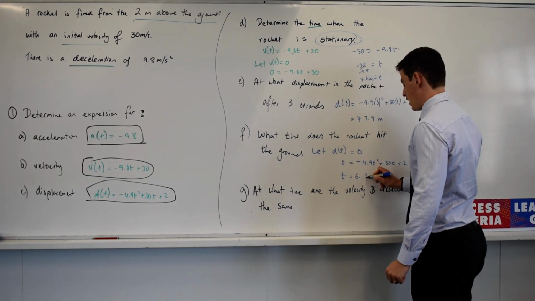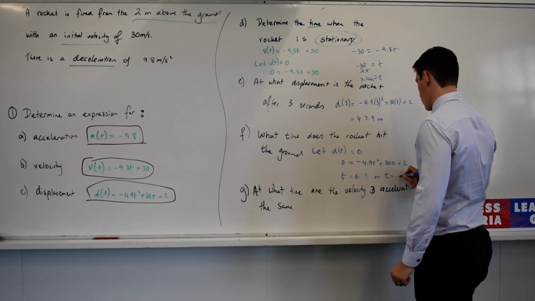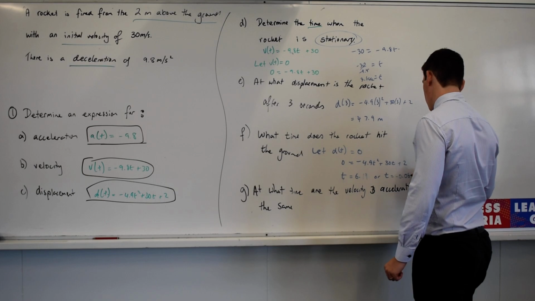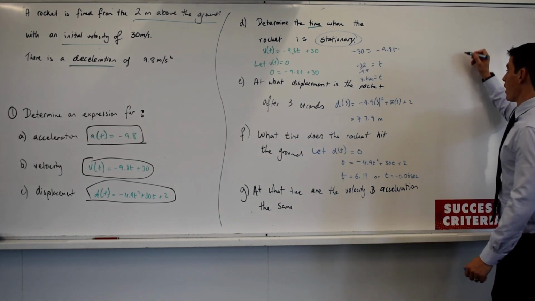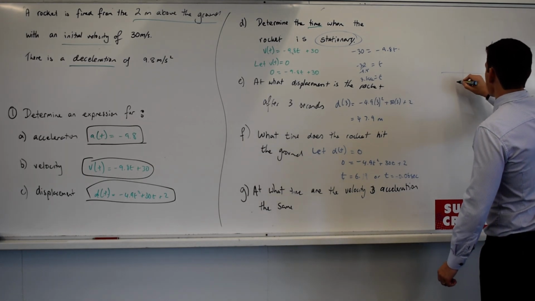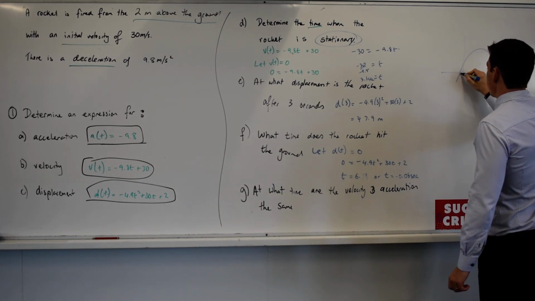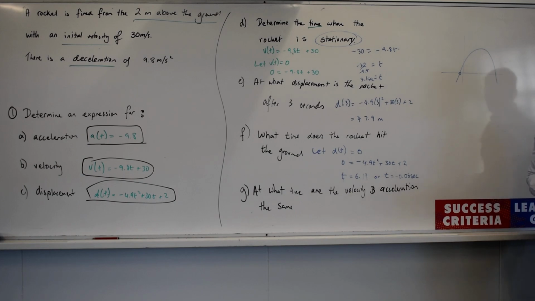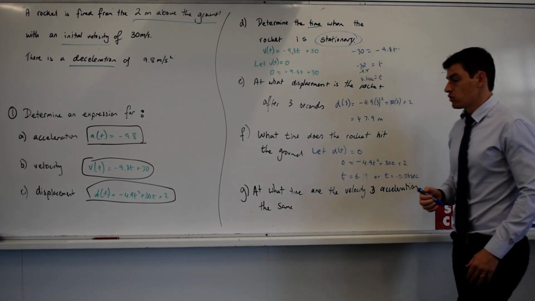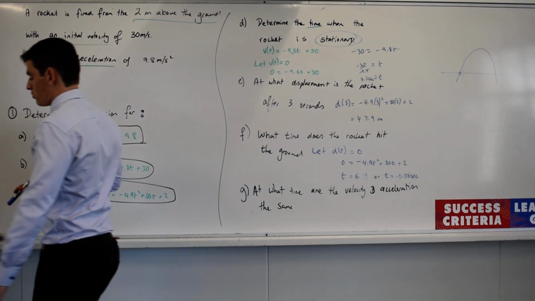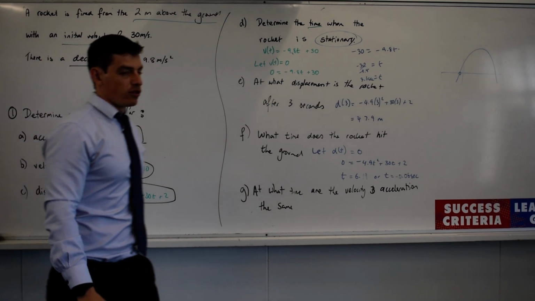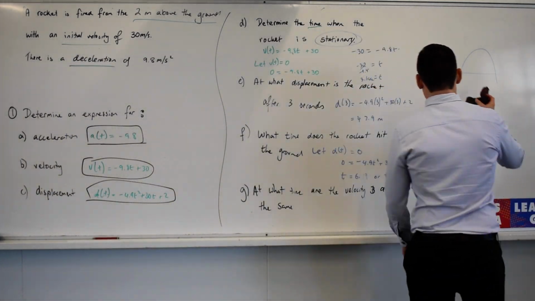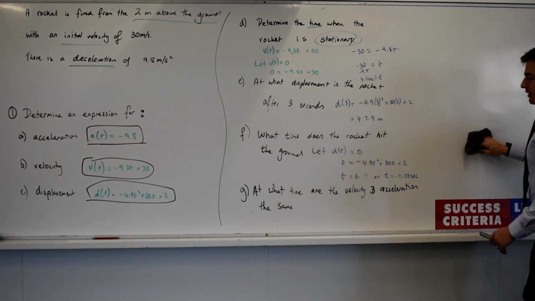Now, obviously, because it's a quadratic, it's going to start 2 meters above the ground and do this. That negative answer is not possible. We can't go back in time. A negative time's not possible. It was at the ground 0.06 seconds before it was fired. That's fair. Doesn't make a lot of sense.